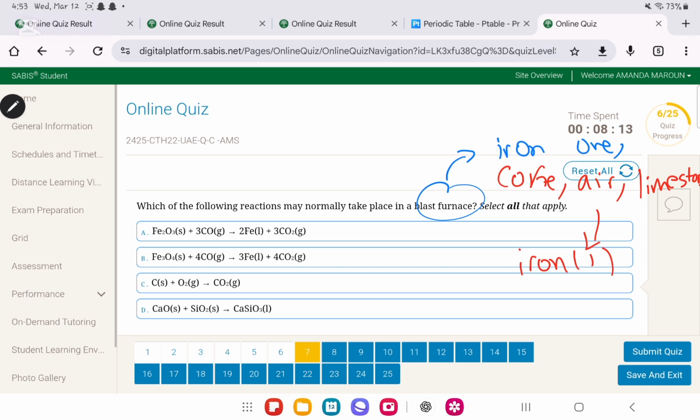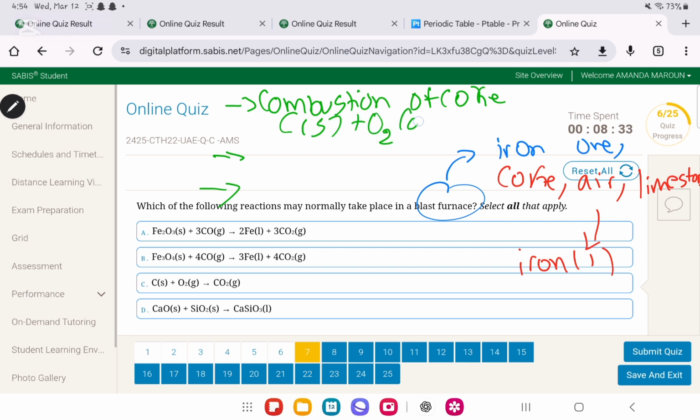What you need to know is that there are 3 main processes that happen in the blast furnace. The first process is the combustion of coke. So coke will combust, that means it is solid carbon, and you add to it oxygen gas and it will produce for us carbon dioxide gas. Okay, this is the first thing that will happen.